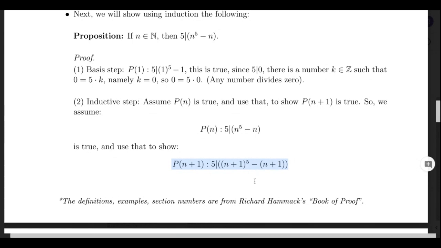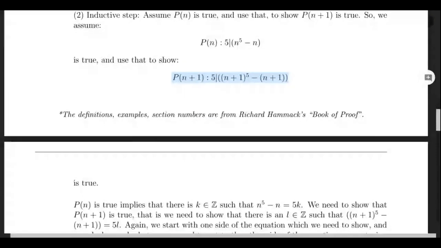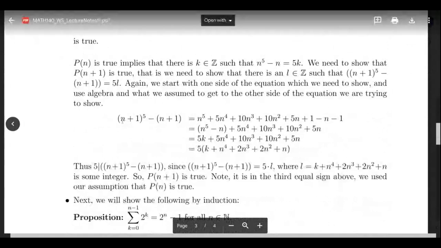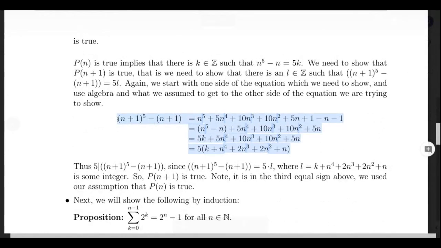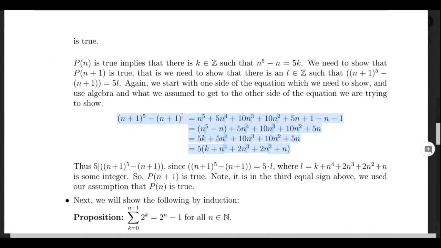So now we need to do a little algebra. So let's see, what is n plus 1 raised by 5 minus n plus 1? If we remember, we learned Pascal's triangle, binomial theorem, we could use here, right?